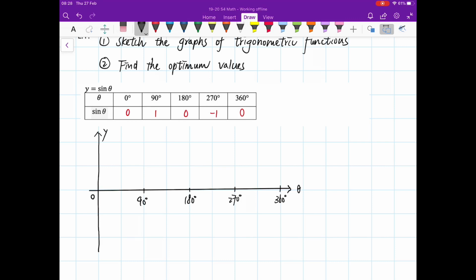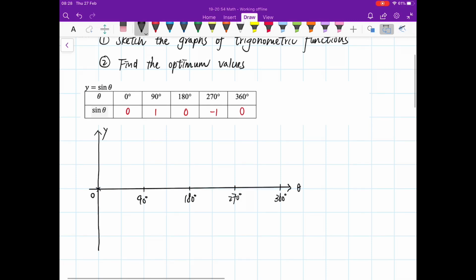For 0 degree, sine theta, that means the y-axis is representing 0, so it is 0, 0. And for 90 degree, the value of sine theta is 1, so I will put it here and mark it as 1. And then so on.